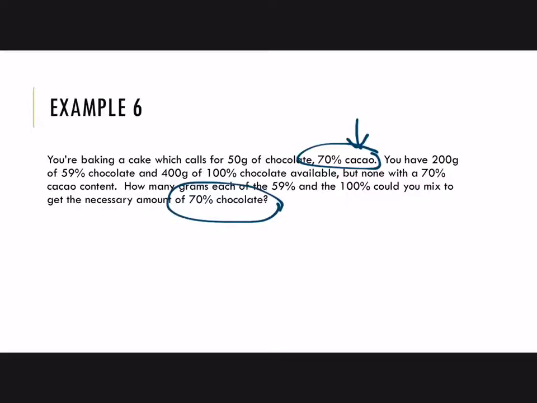A milk chocolate would be less cacao and more sugar, so like the 40 to 50 range, and then 70% is like a real dark chocolate, and then 100% is an unsweetened chocolate. So I basically needed to mix these two, use what I had on hand to end up with the appropriate amount of sweetness for this cake.